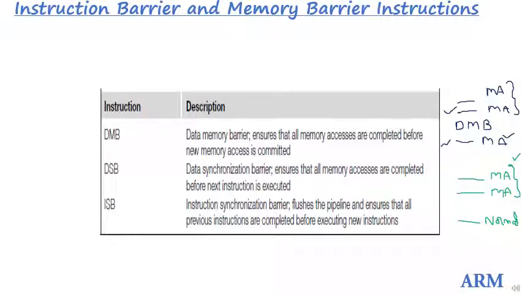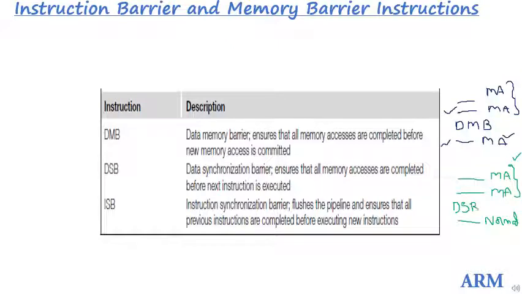Maybe the first two memory access instructions are loading some data from the memory into the register. So the third instruction requires the first two instructions to be completed because it requires the updated data from the previous instructions. Okay, so in that case, DSB is used. Between the second instruction and the third instruction, a DSB instruction is to be placed.